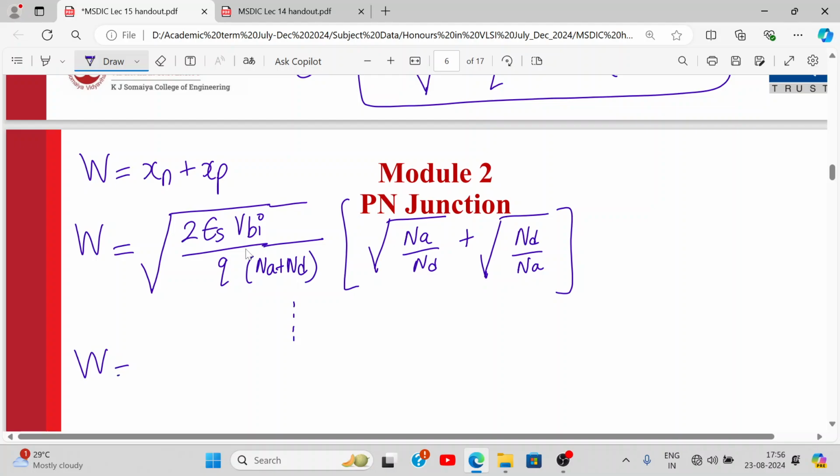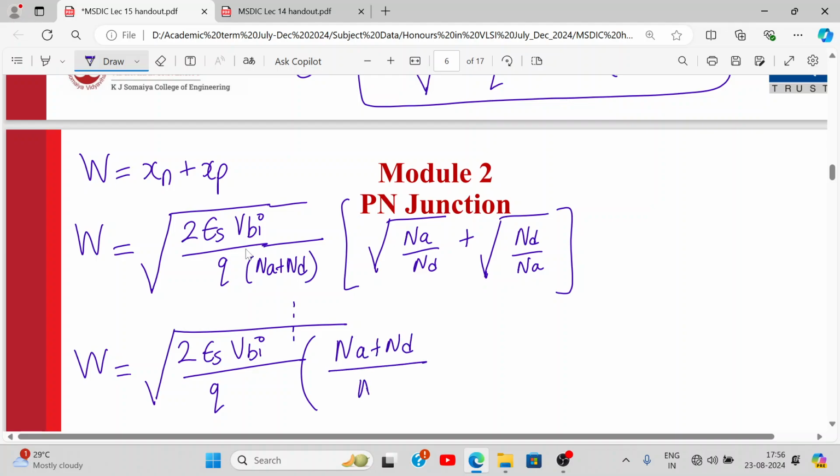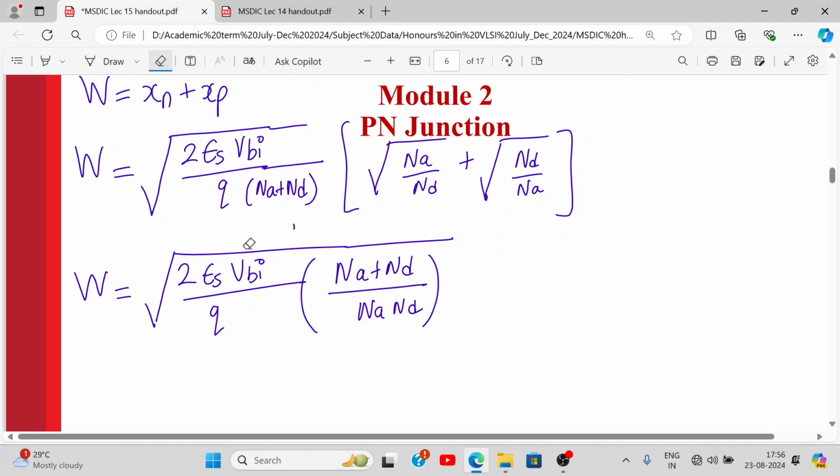Finally, you will get this relation: it is this much into Na plus Nd upon Na Nd. This you will get at the end. The intermediate steps, you find out on your own.